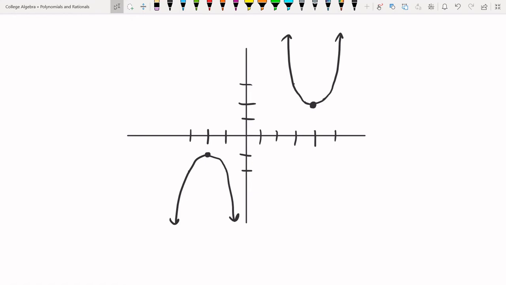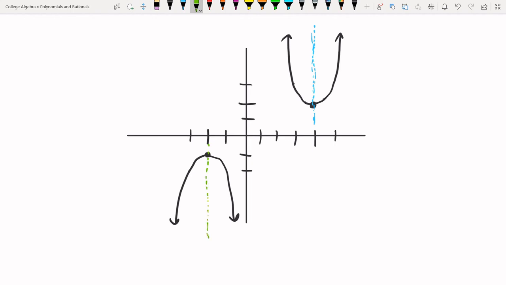In all of the quadratics, you will see a parabola that has symmetry. The line over which it is symmetric is called the axis of symmetry. Notice for these parabolas, if I draw a straight line right down the center, this parabola is symmetric over that blue axis, and the other parabola is symmetric over this green axis.